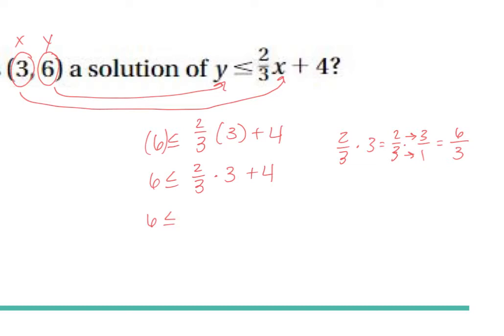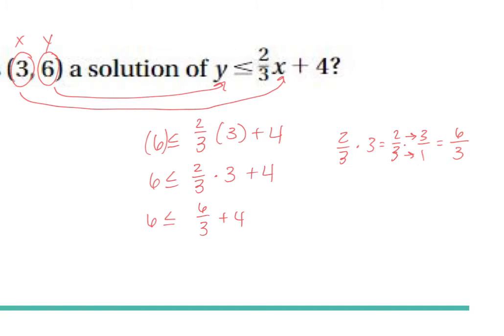Remember, when you're multiplying fractions, you multiply across, right, Amanda? Okay, so if we multiply it across, we get 6 over 3 plus 4. Nick, what is 6 over 3? We can simplify that, right? 2 over 1.